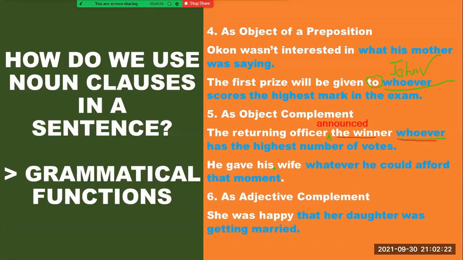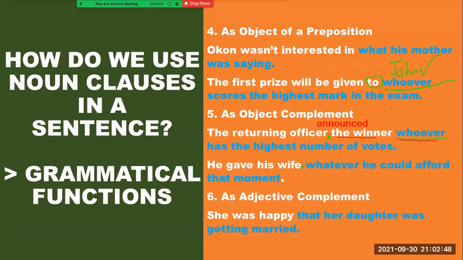Now, the second example will make this clearer, because we are using a common verb, you know, that we can call an action verb. All right. And that's the verb gave. He gave his wife. If we put a full stop here, the question that arises naturally is what?